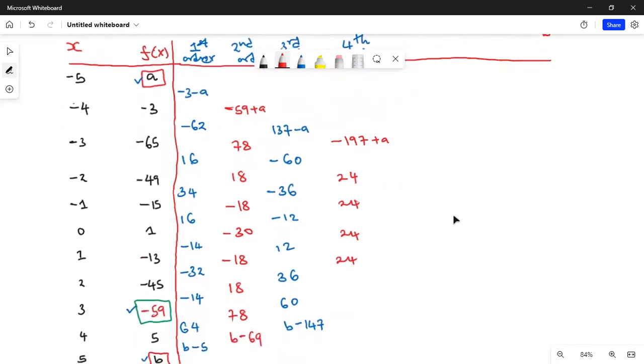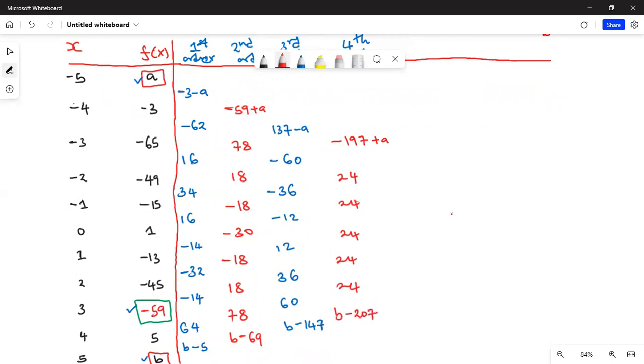Proceed, 60 minus 36, that again is 24. And finally, b minus 147 minus 60. What is 147 minus 60? So that should give us negative 207. So it's b minus 207.